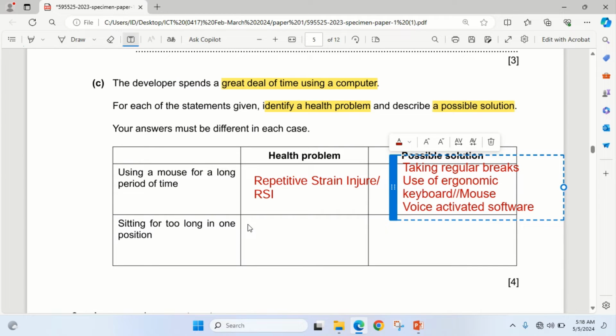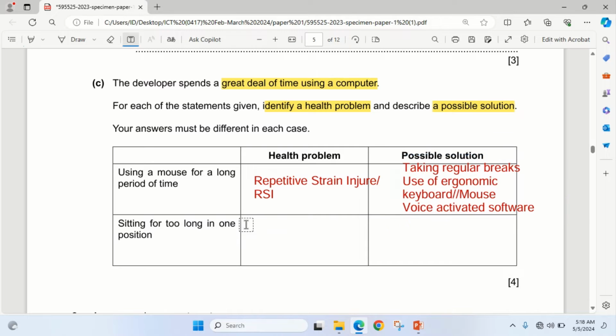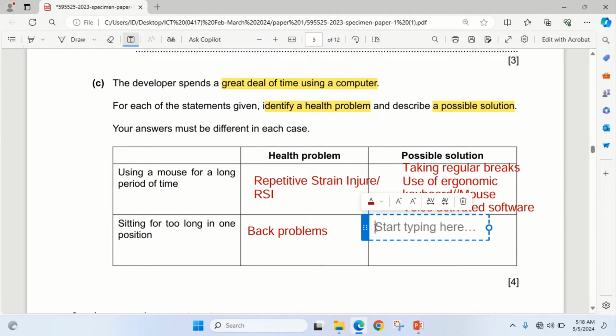Then for sitting for too long in one position, that could cause back problems or neck problems. So the possible solution will be using a footrest, so that you can sit comfortably.